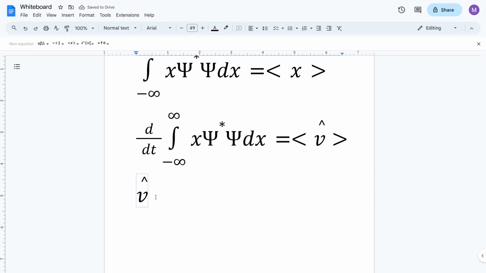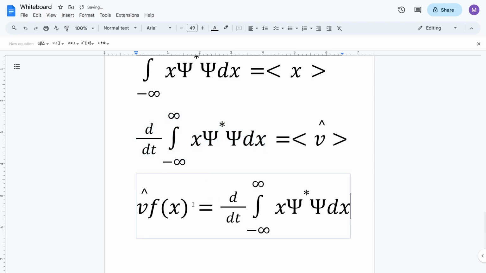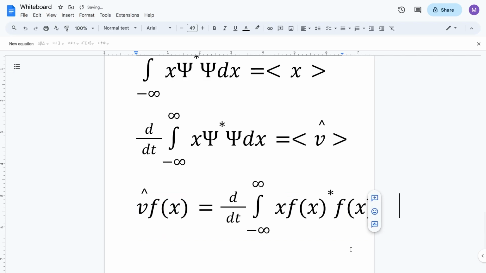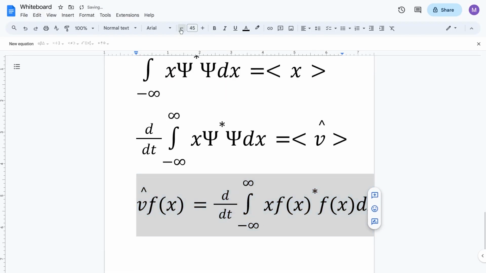I struggle with letters, the Greek alphabet is too much. Let's say you have a function f of x, okay? Because I feel like that's a much simpler kind of notation. You have the function f of x, and after you apply the velocity operator to it, it would be equal to this, like so.